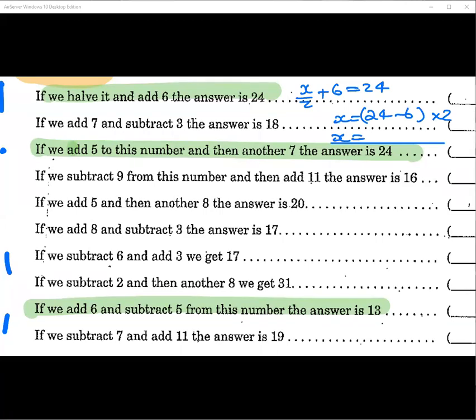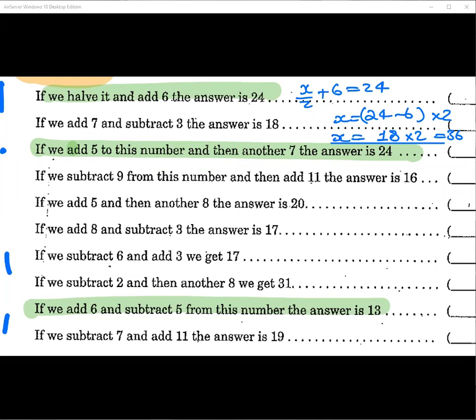So number 1, Sarah's got 36, Ibrahim's got 36. Do you mean the answer is 36? Number 1 answer is 36.